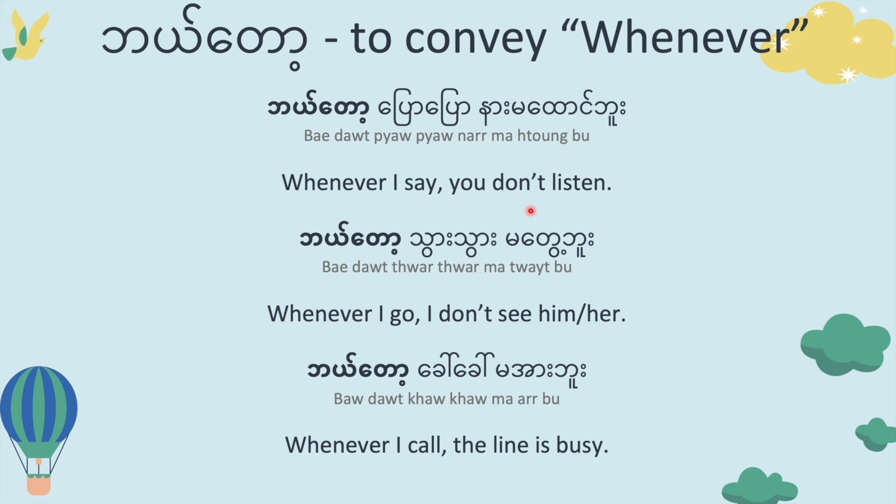Whenever I say, you don't listen. ဘယ်တော့သွားသွားမတွေ့ဘူး. သွားတယ် means to go. Whenever I go, မတွေ့ဘူး, I don't see him or her. တွေ့တယ် means to see. Whenever I go to their house you don't see them, they are not at home, then you can say ဘယ်တော့သွားသွားမတွေ့ဘူး. ဘယ်တော့ခေါ်ခေါ်. ခေါ် means to call, and you repeat it twice. ဘယ်တော့ခေါ်ခေါ်မအားဘူး. အား means available. မအားဘူး, not available.